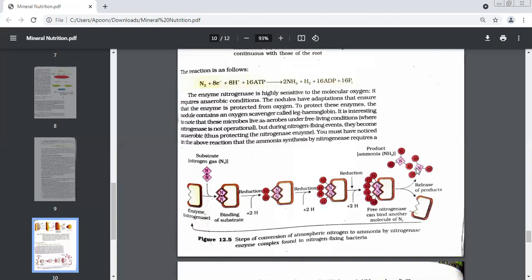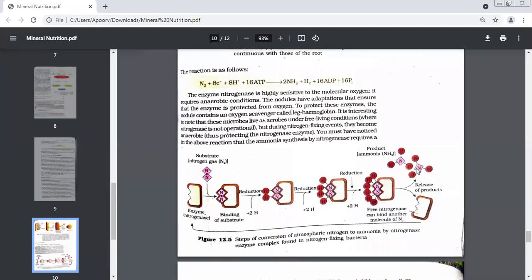But as soon as nitrogen fixing events start, they become anaerobic. And why do they become anaerobic? Just to protect the enzyme nitrogenase.